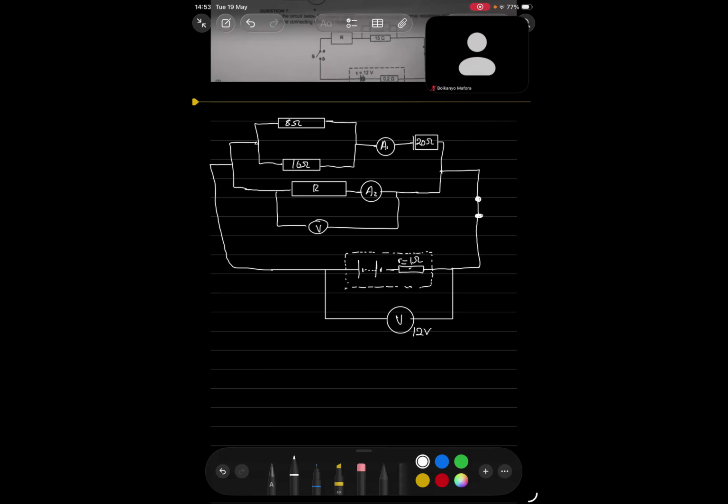Guys, are you still there? What's going to be the voltage across R? I say 12. Are you sure? No, I'm not sure. Anyone else? What do you guys say? Do you still say it's 12? Now I say it's 4. Wait, where do we take the 4 from?